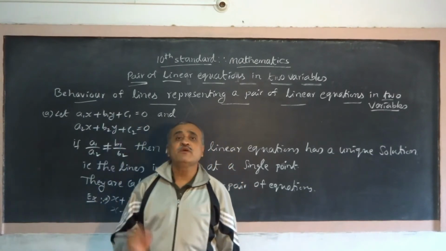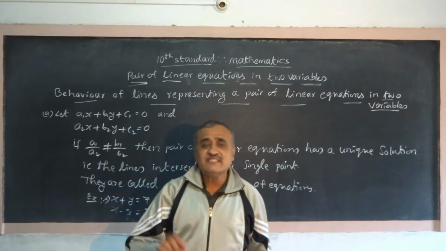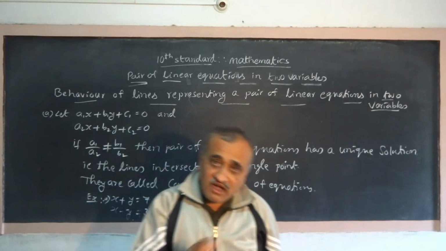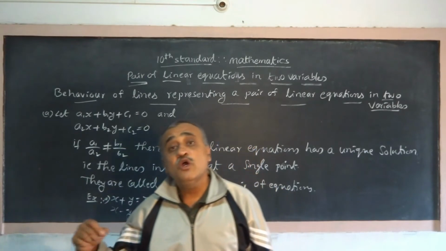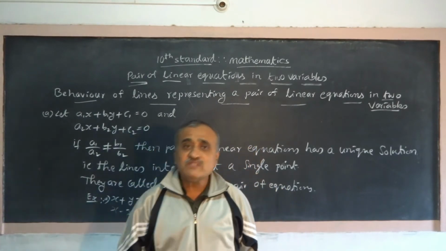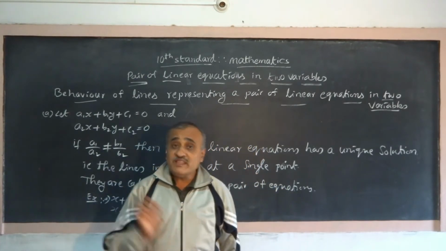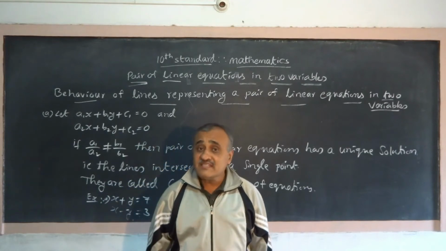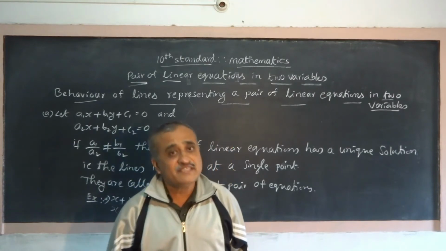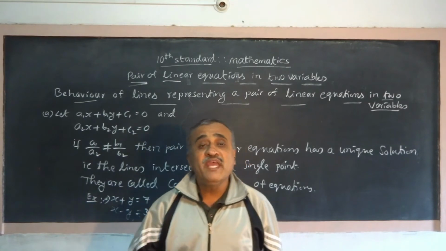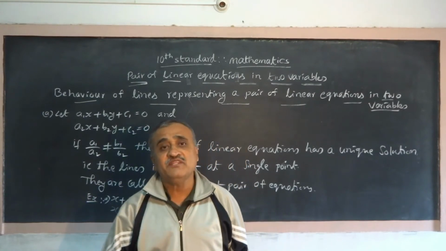Is it possible to analyze which is consistent, which is not consistent, and which is coincident without solving or plotting the graph? Yes, we can analyze it by the behavior of the lines.